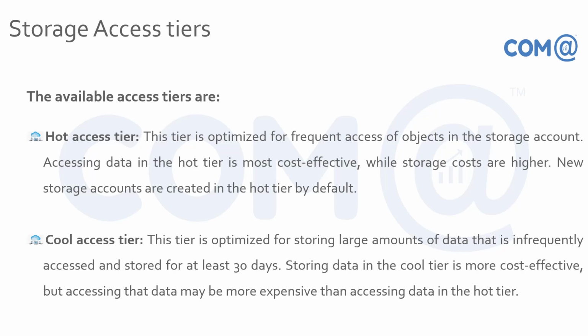New storage accounts are created in the hot tier by default, and if required you can change based on your requirements. And the cool tier is optimized for storing large amounts of data that is infrequently accessed and stored for at least 30 days. Storing data in the cool tier is more cost effective, but accessing the data may be more expensive than accessing the data in the hot tier.